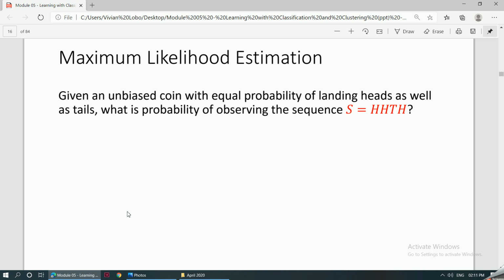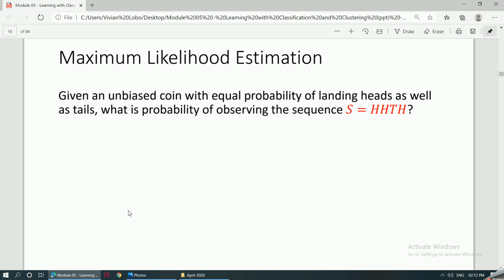That means for a coin, for head to occur and for tail to occur, the probability is the same, which is 0.5 for head and 0.5 for tail. What is the probability of observing the given sequence? The sequence is denoted by capital S and is given to you. You have to find out the probability of observing the given sequence: head, head, tail and head.